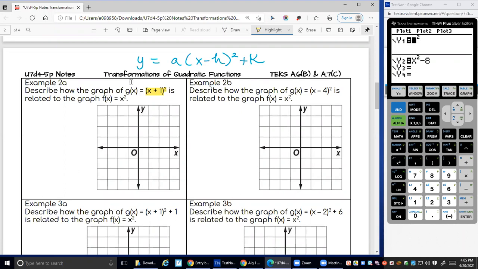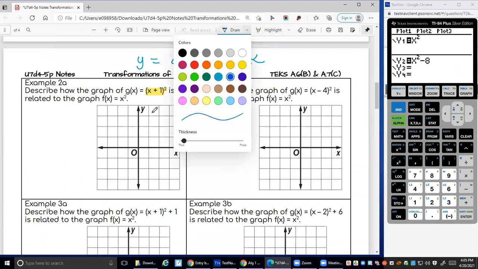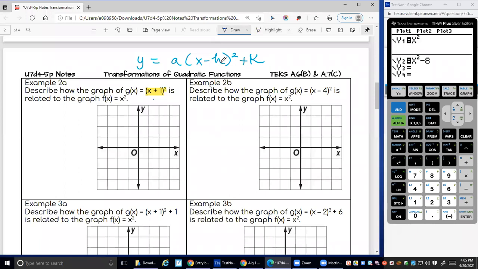Good job, good job. Yes, excellent. So if we're talking about H right here, right? Go ahead and put in your prediction. What's going to happen? This is horizontal, right? So we know it's going to be a horizontal translation.